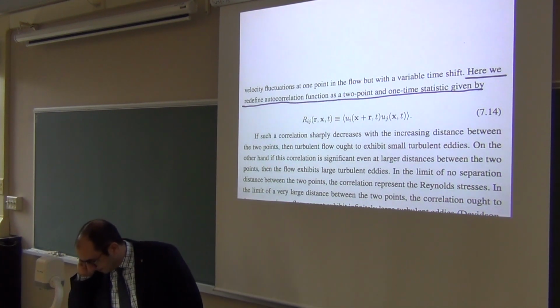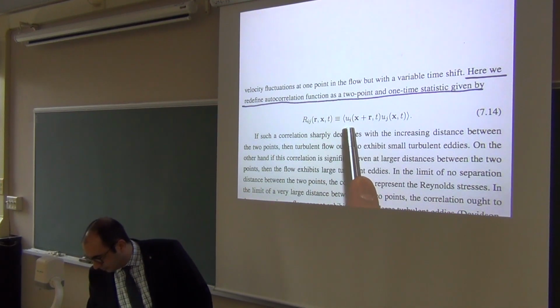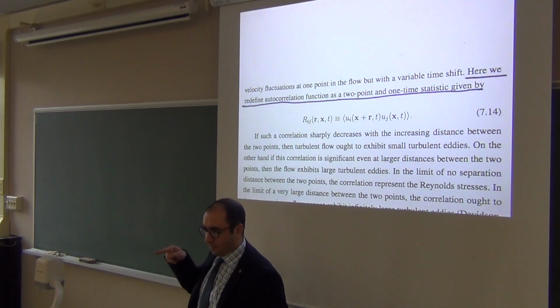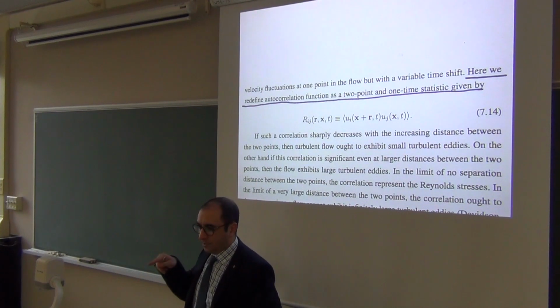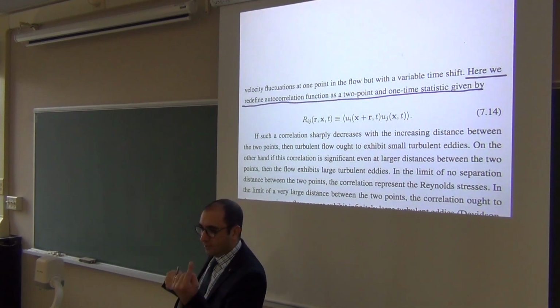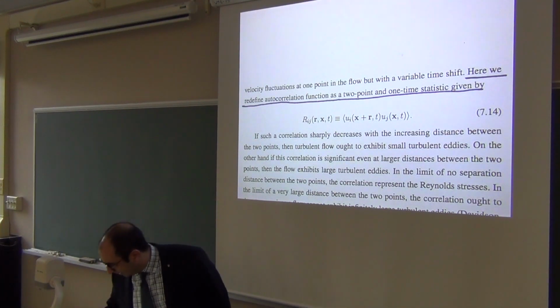So you could do that, and you could look at the correlation between any two fluctuations of interest. I could look at U here and U here, maybe U here and V here, U here and W here, or W here and V here. I could combine any two pairs of components.